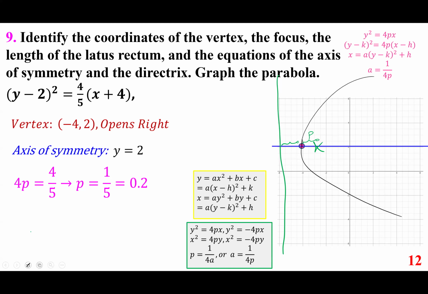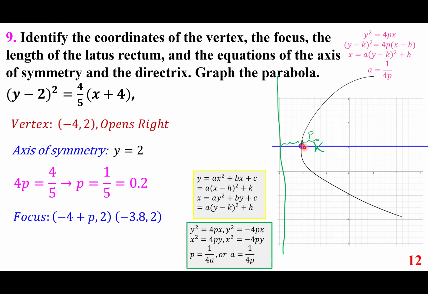Therefore, if I want to find the location of a focus, I go back to the location of my vertex, and I go p units, which is 0.2, to the right. So -4 plus p, 0.2, makes it -3.8.